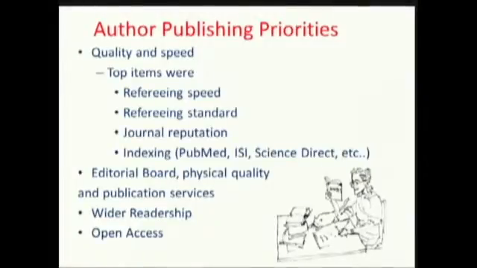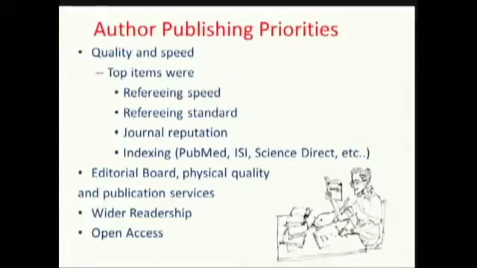So here you are hitting 2 birds with 1 stone: you will know how fast they will reply back to you, and you will know whether the article will be accepted to go for reviewing, okay? So it will not be rejected immediately.